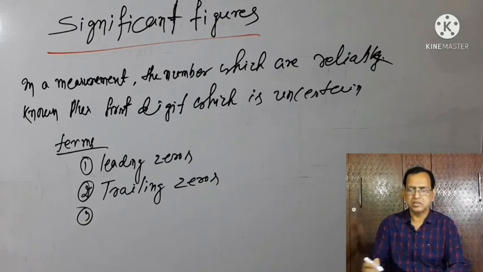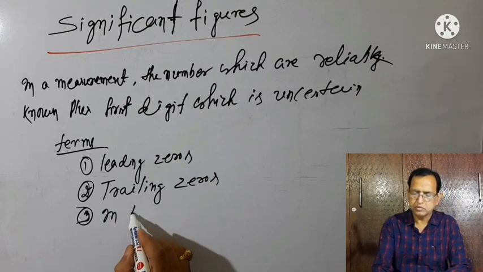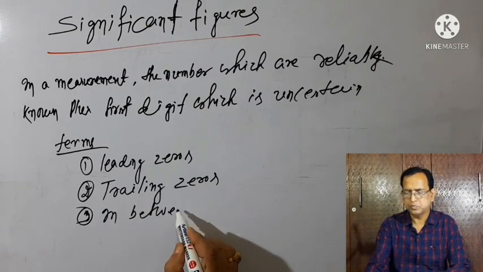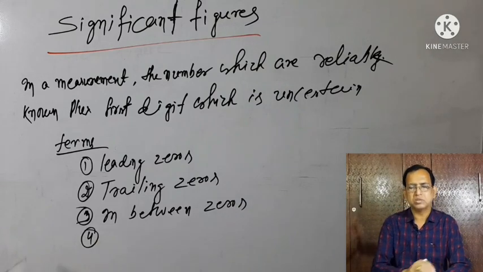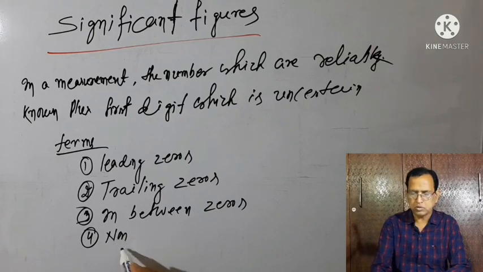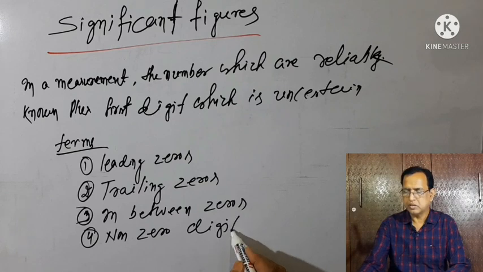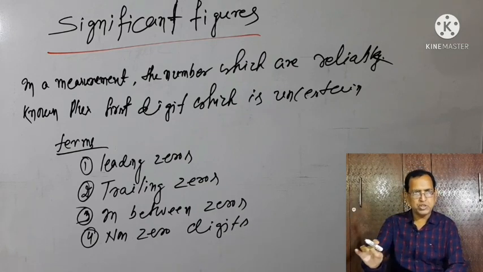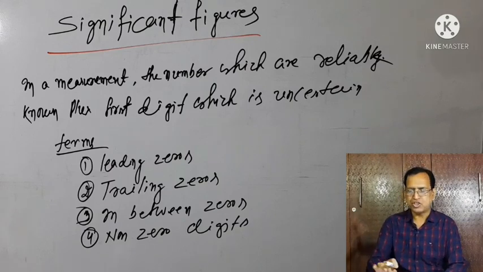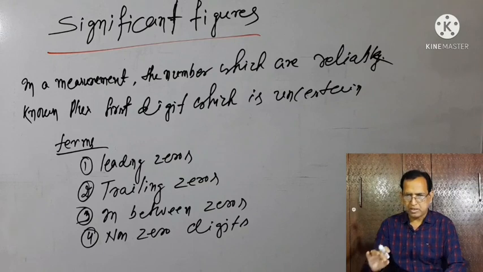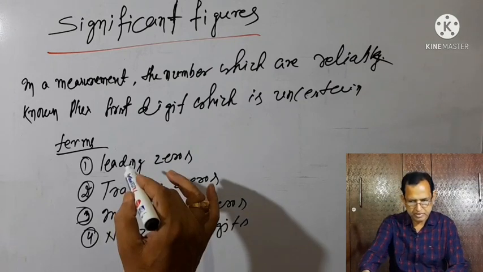Number three, in between zeros. Number four, non-zero digit. Leading zeros, trailing zeros, in between zeros, non-zero digit. For calculation of significant figure, first we know these four things.